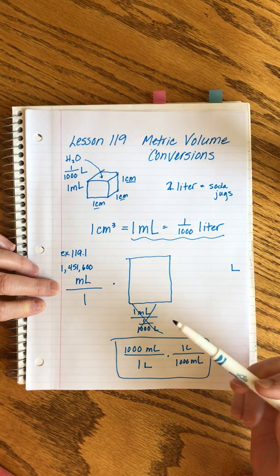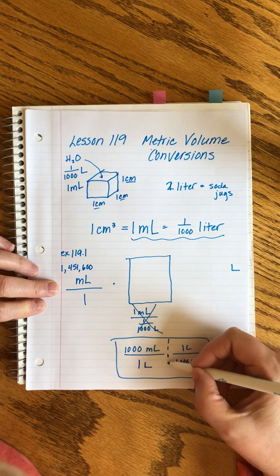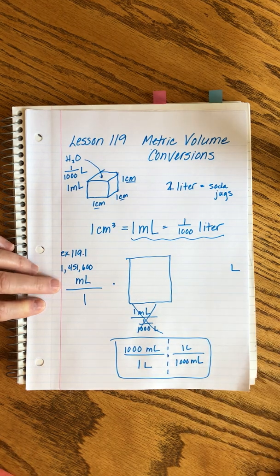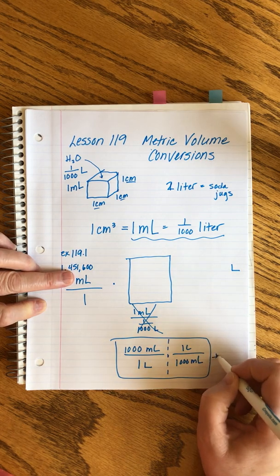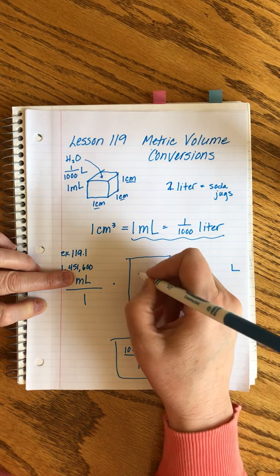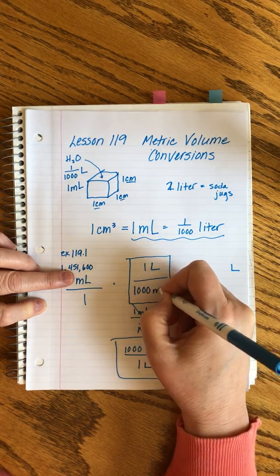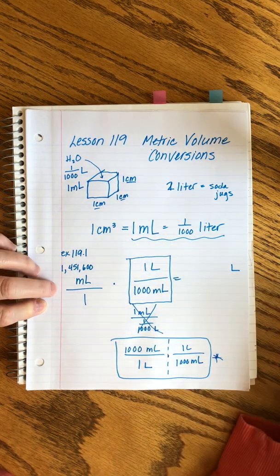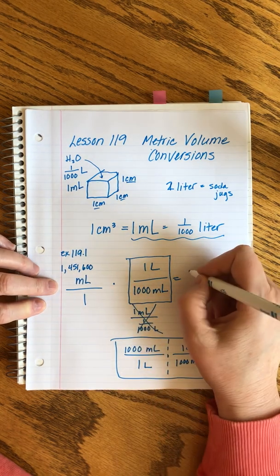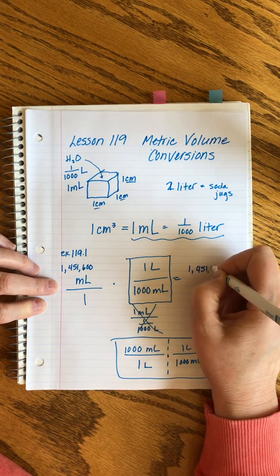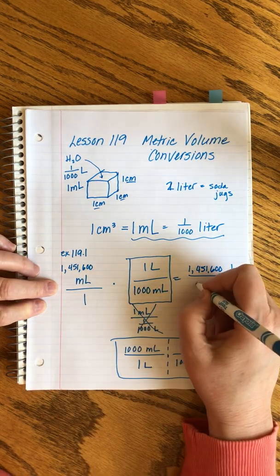We want to use the multiplier that has our starting unit on the top. I usually put a divided line through there because we're only going to use one or the other. We start with milliliters on the top, so we want this one because it's got milliliters on the bottom. So 1 liter for every 1,000 milliliters. And now we multiply that through. It's going to be 1,451,600 on the top, and on the bottom is 1,000.